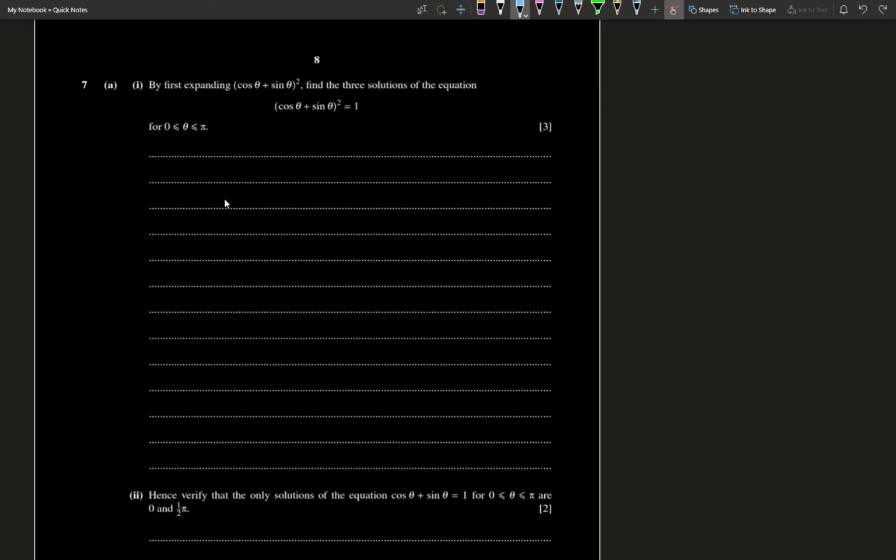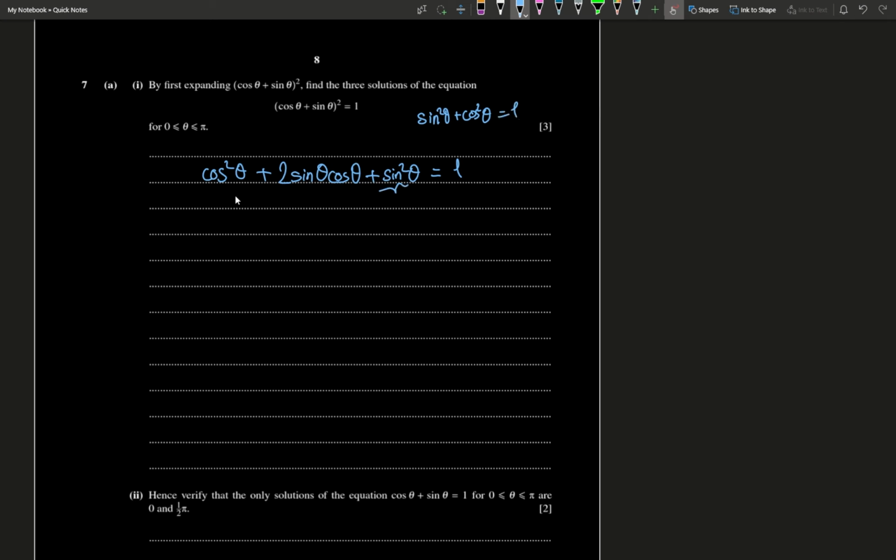When you expand, you'll end up with cosine squared theta plus 2 sine theta times cosine theta plus sine squared of theta, where it is equal to 1. You have an identity that states that sine squared of theta plus cosine squared of theta is equal to 1.